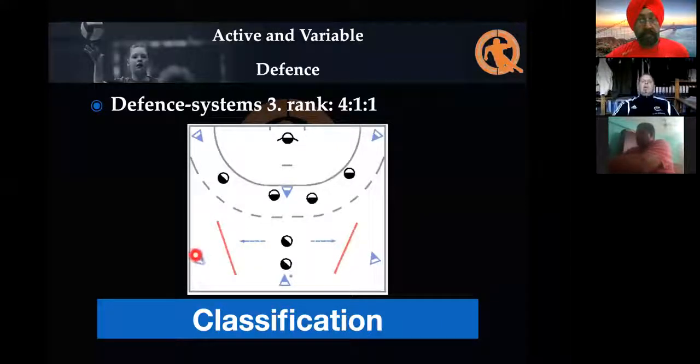So again, if the ball is with left back, he's using this position in the gap. If the ball is with the right back, he's taking this position in the gap between center back and right back. And always the strategy here is similar, like we saw it before in the 5-1 from Russia.